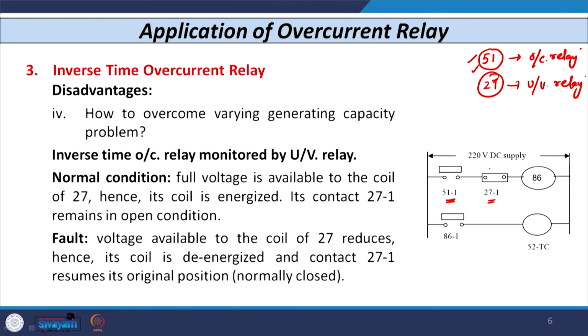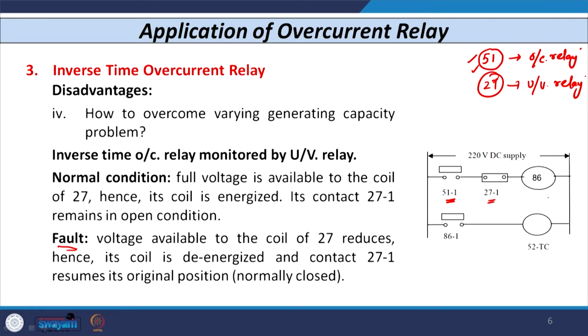Now in case of fault, the other condition, the 51(1) relay coil is energized, so 51(1) closes. Whenever a fault occurs, the voltage reduces, and when it reduces below some value, the coil of undervoltage relay 27 is de-energized. So the contact 27(1) holds its original position, that is normally closed. 51(1) closes, and 27(1) is already closed.